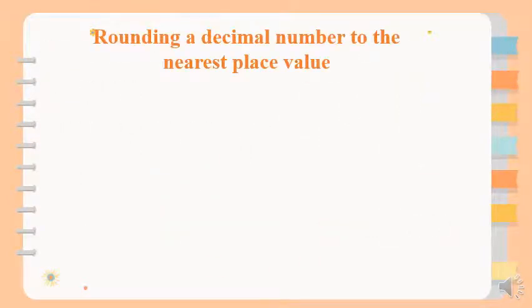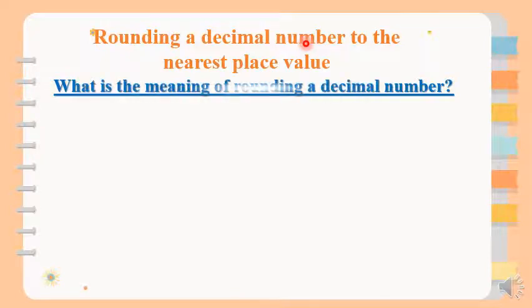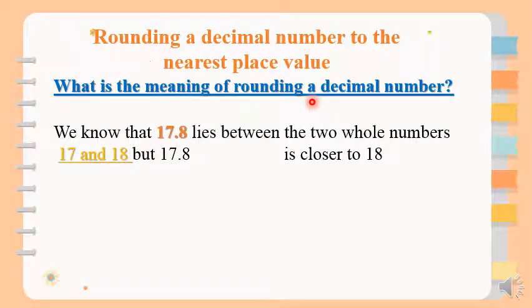Now we are going to talk about a new topic, which is rounding a decimal number. What is the meaning of rounding of a decimal number? We know that if you took a mark which is 17.8 in the test, you know that 17.8 is between 17 and 18.